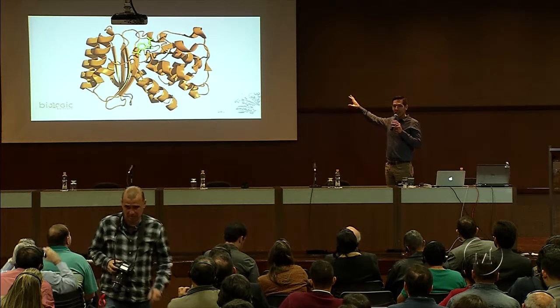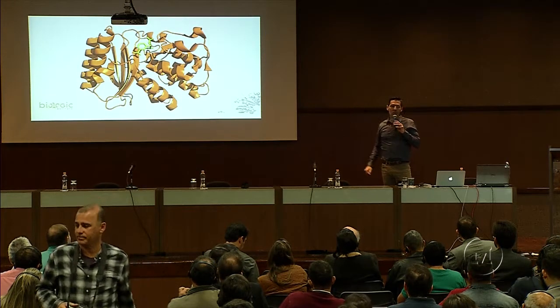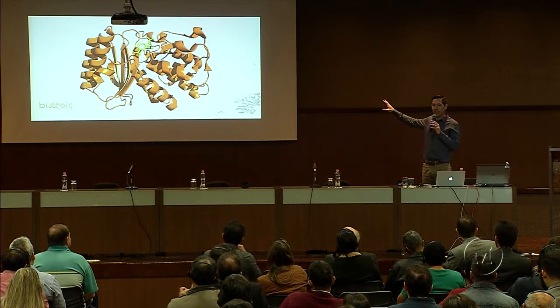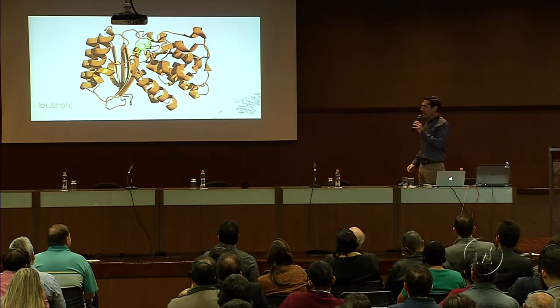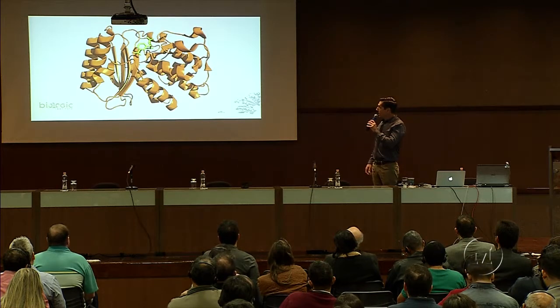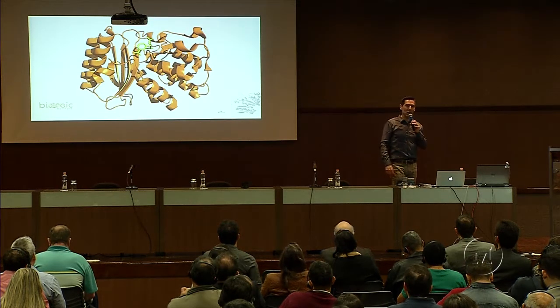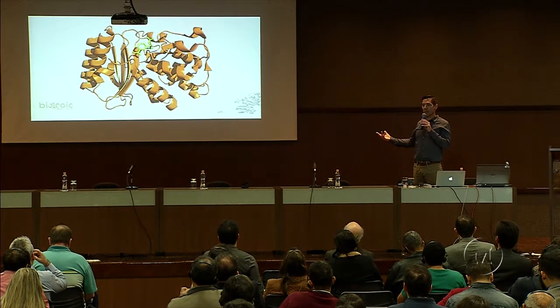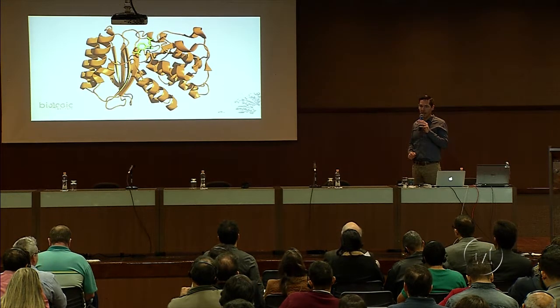I used random mutagenesis techniques to put random amino acids in this protein. This is an enzyme called beta-lactamase. It is an enzyme that is loved by bacteria but hated by humans. This is the enzyme that enables bacteria to survive in the presence of penicillin antibiotics.